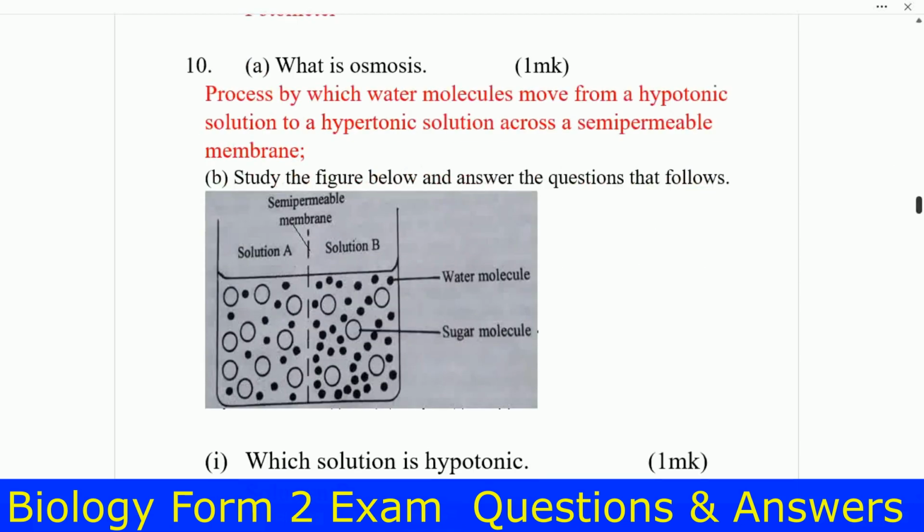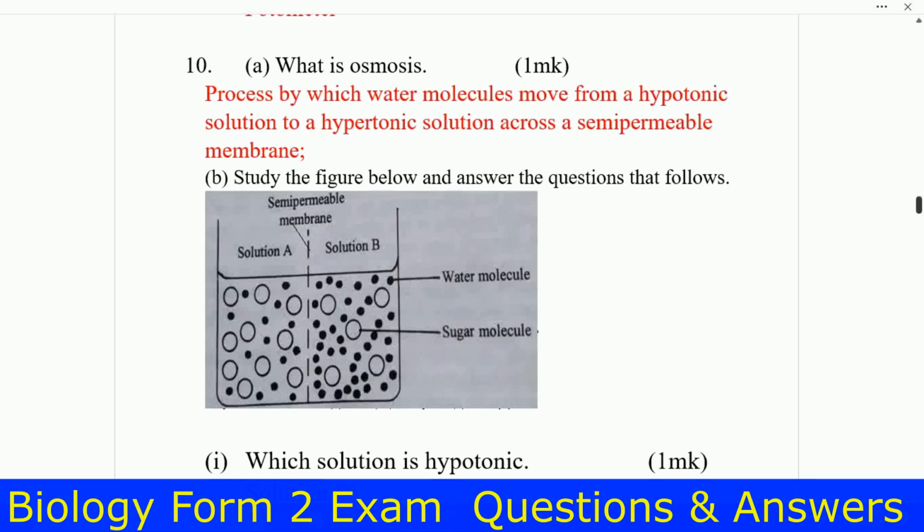Number 10, what is osmosis? A very common question. It is the process by which water molecules move from a hypotonic solution to a hypertonic solution across a semi-permeable membrane. B, you're told to study the figure below and answer the questions that follow.